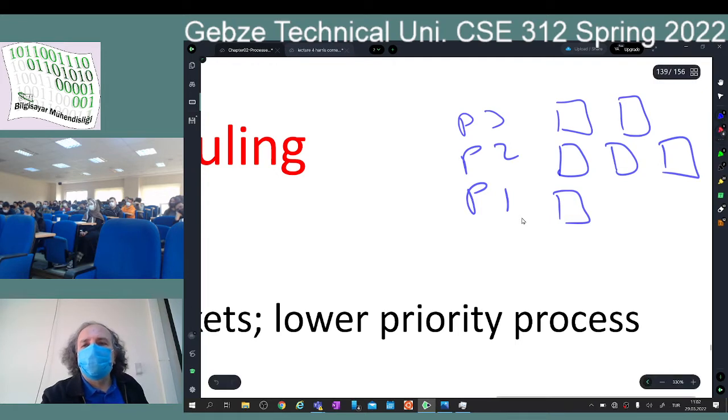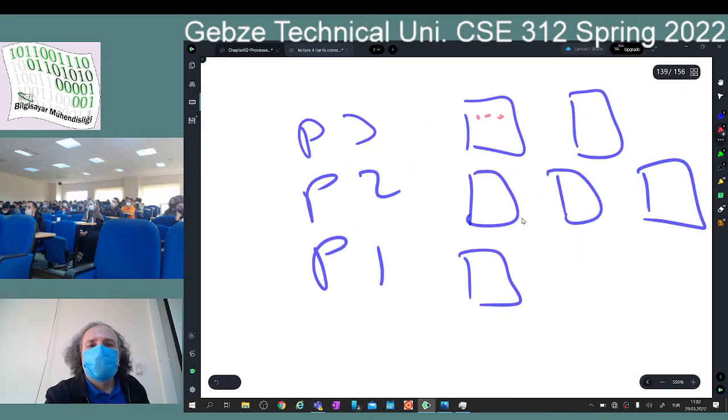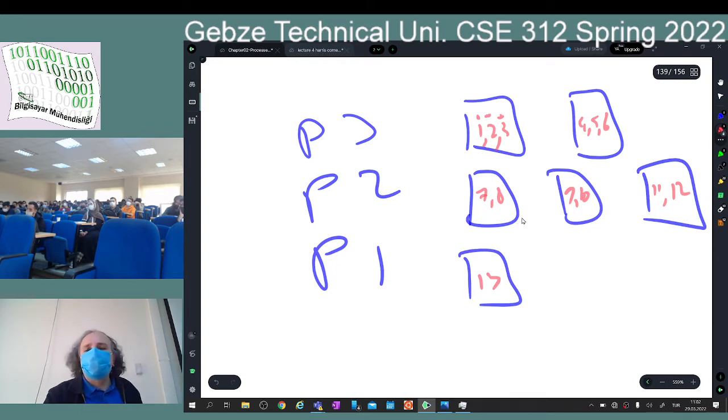I am going to give tickets 1, 2, 3 to this one. Ticket numbers 1, 2, 3 are here, 4, 5, 6 are here. For this one I am going to give 7 and 8, just 2 tickets, then 9 and 10, 11 and 12, and this one will get 13. So there are a total of 13 tickets.